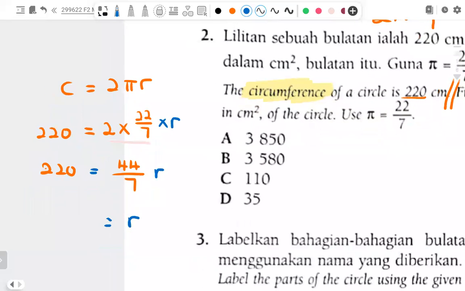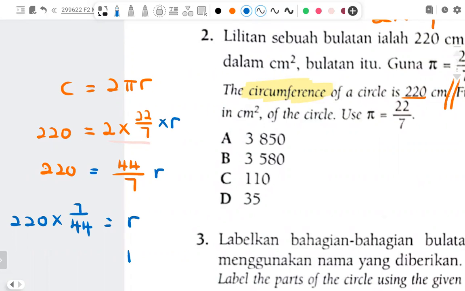But if you want to write it down as your solution, then you have to write 220 times 7 over 44. You got to flip it, because divide in fraction, we got to change it to multiply.